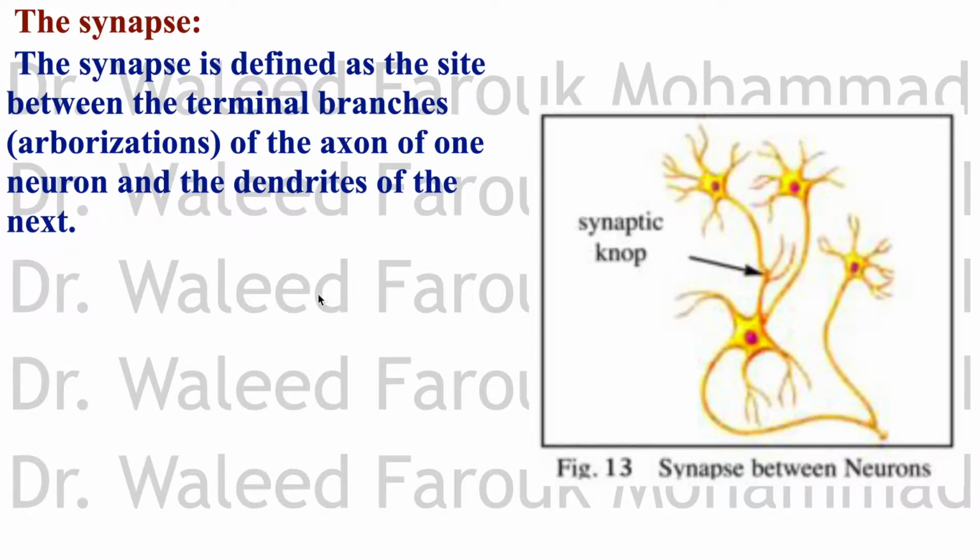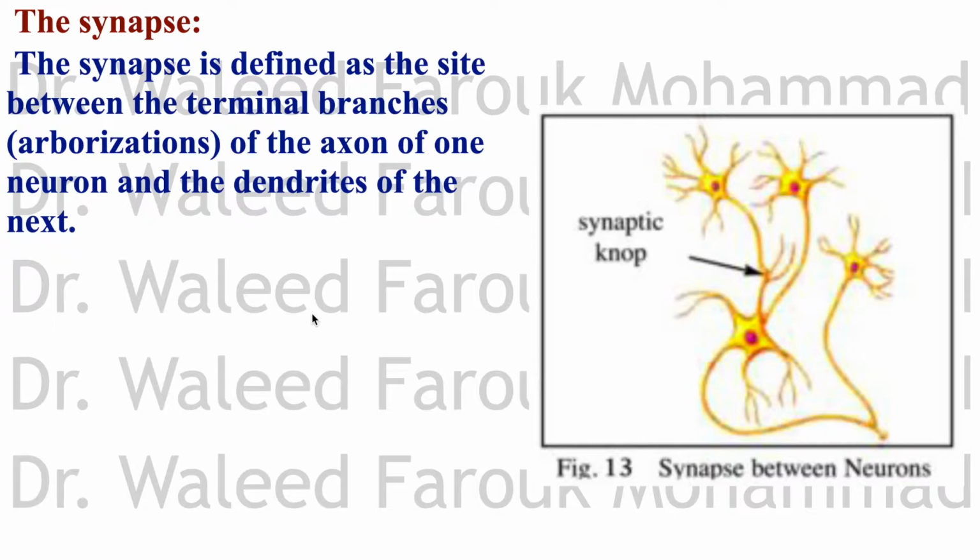Well, to propagate a nerve impulse from one neuron to another, there is what's so-called the synapse. It's the site between the terminal branches of an axon of one neuron and the dendrites of the next. By the way, you will study later in college there are different types of synapses, not essentially axon to dendrite.